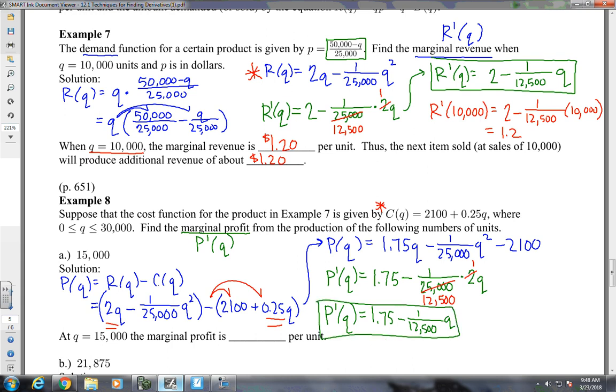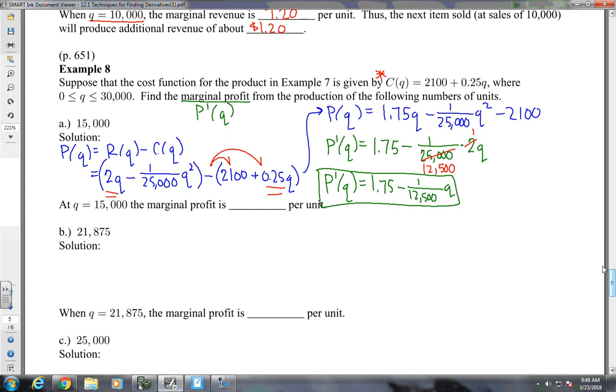Once I have that, I can do all kinds of analysis. The next question says, at Q equals 15,000, the marginal profit is what? Well, that simply means I'm going to plug in 15,000 units for Q and evaluate that specific number. So we have 1.75 minus 1 over 12,500 times 15,000. At this point, I would simply plug it into the calculator.